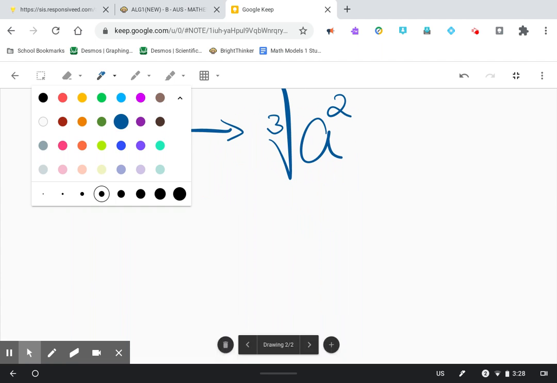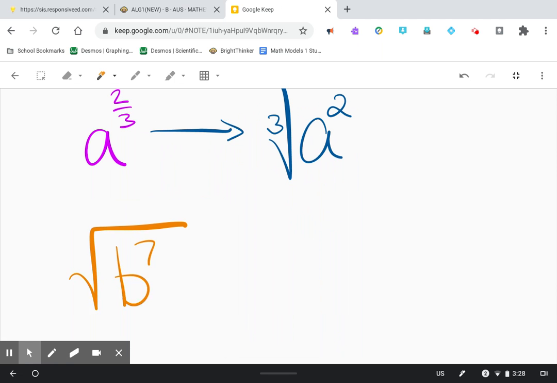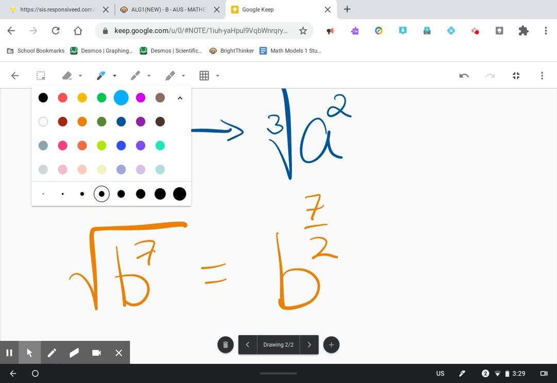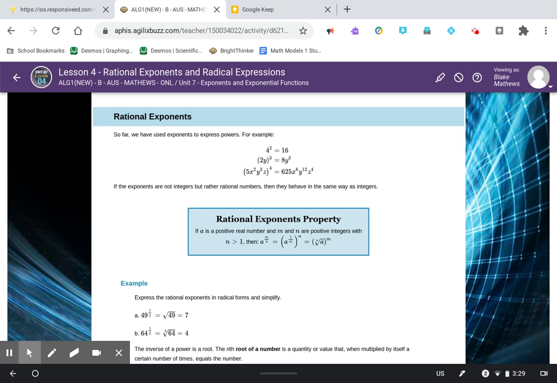So for instance, just as another example, if I had the square root of b to the 7th power, that could be rewritten as b to the 7 over 2, because it is a power of 7 and a root of 2. So in general, the top number is the power and the bottom number is the root. So that's kind of the key piece of information here.